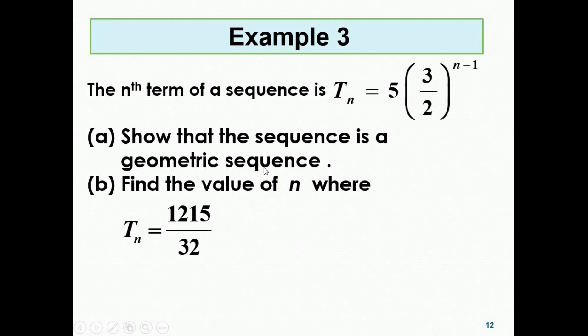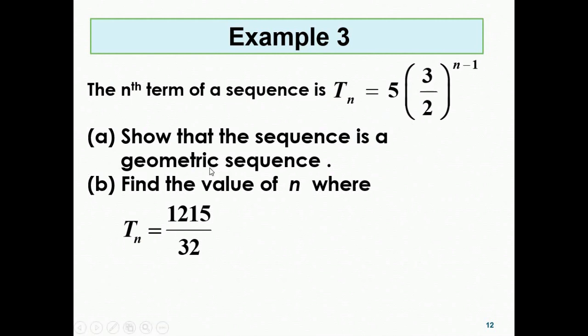And B: find the value of n where Tn is equal to 1215/32.